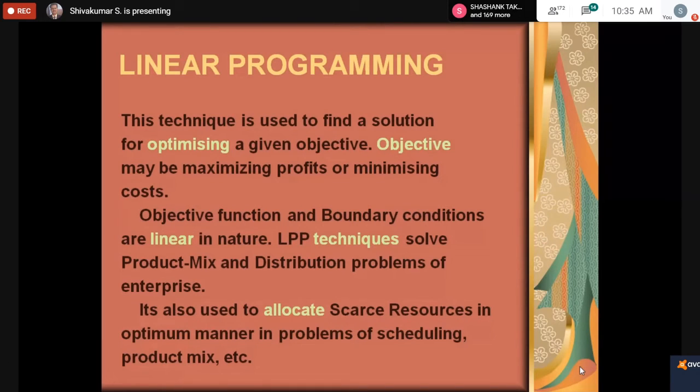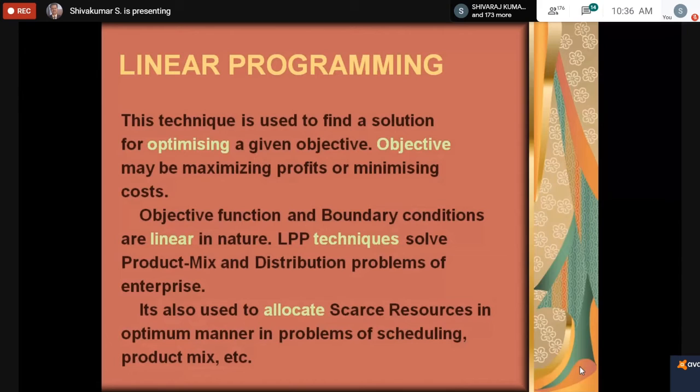Then we draw some boundary conditions to find the optimal solution. Those things we will explain in LPP, in solving problems. Both the objective function and the boundary conditions are linear in nature, because what you get is a straight line, so the equation is also linear, and the lines are linear only.